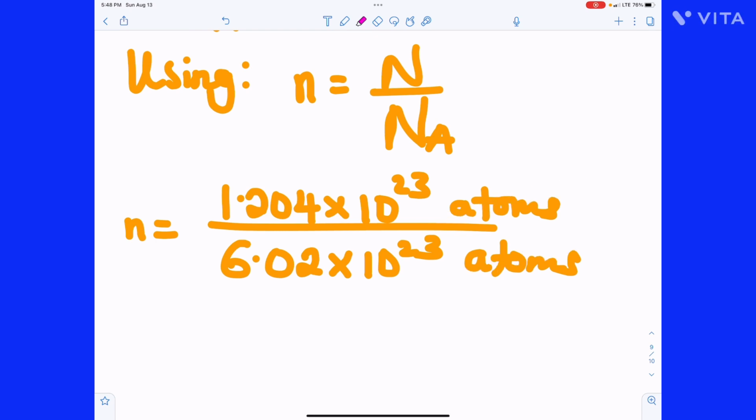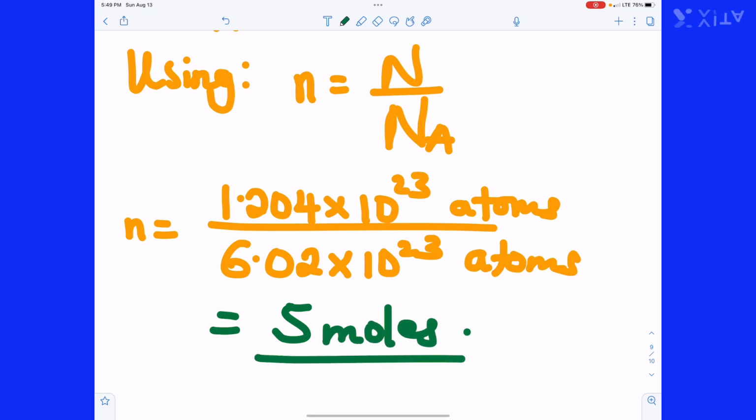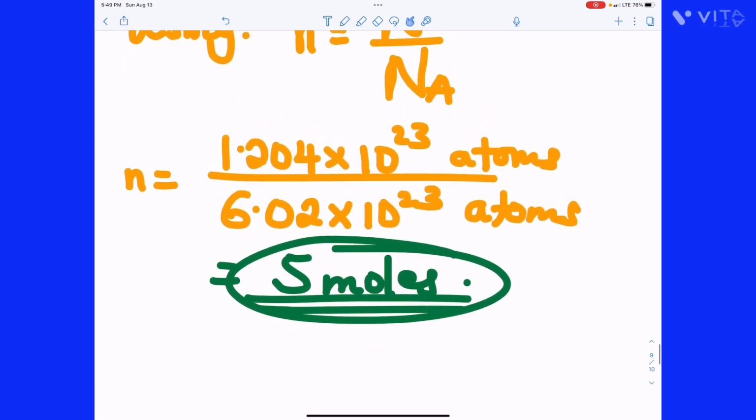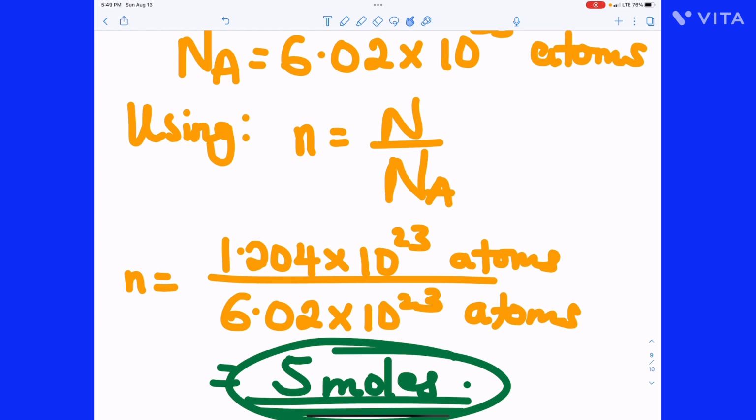And that gives us what? That gives us, I think, 5 moles. That was what we got. But I think that's what we got when we used our calculator. Oh, sorry. This was 24, not 23. Let me correct this. This was 24. So that gave us 5.